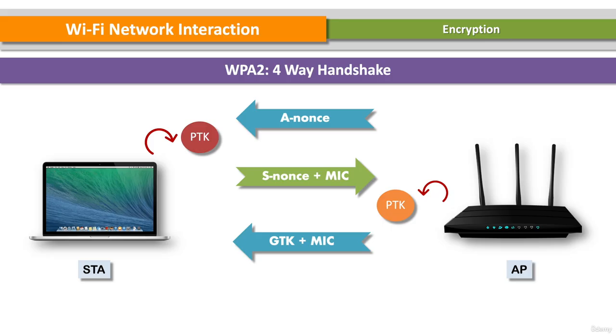The STA verifies message 3 by checking that MIC, and if it's valid, the STA sends a confirmation to the AP. All right, so once the four-way handshake is completed successfully, now all unicast traffic will be encrypted with the PTK, and all multicast traffic will be encrypted via the GTK, which was created in the four-way handshake process.